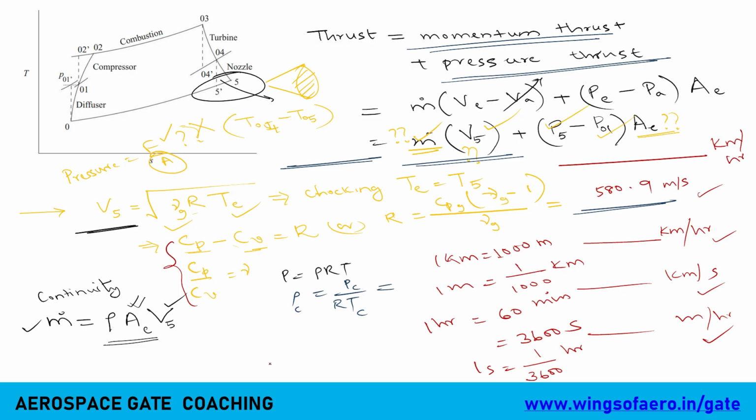I need the answer in terms of kilonewton. From newton, we divide by 1000, then we get kilonewton. Okay, tell me what it is in kilonewton. Find out and tell me the answer.